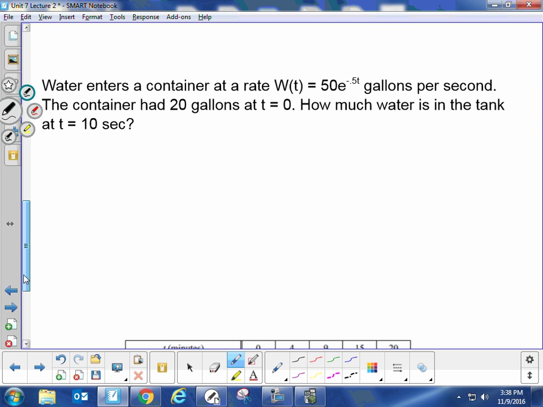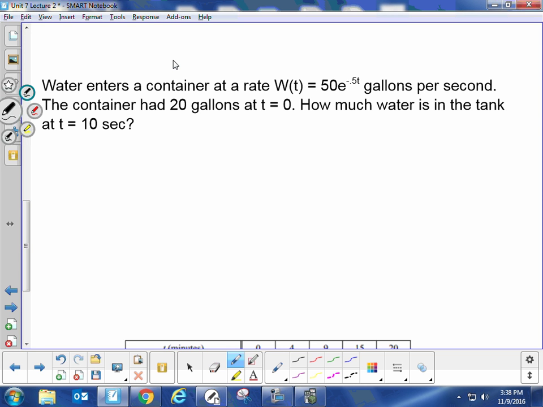Now, to handle these, I do like to come up with a different function that represents the total amount of something. If we're given a rate, that's the derivative of my total. Here, this would be the rate at which it's just entering.